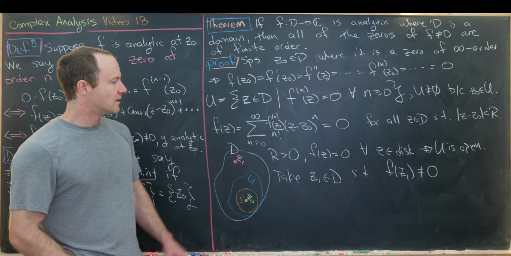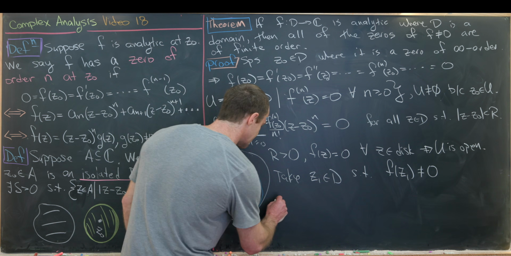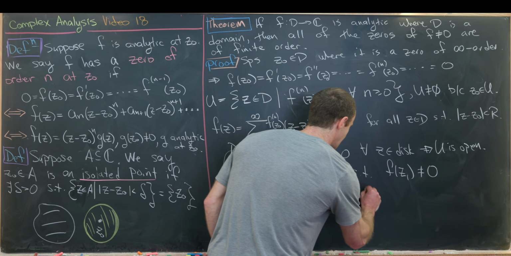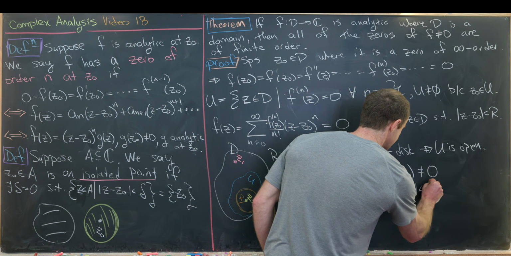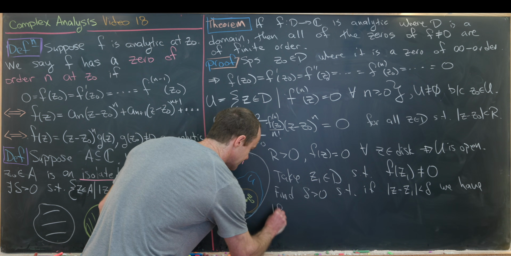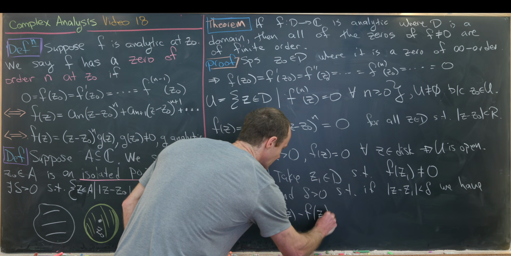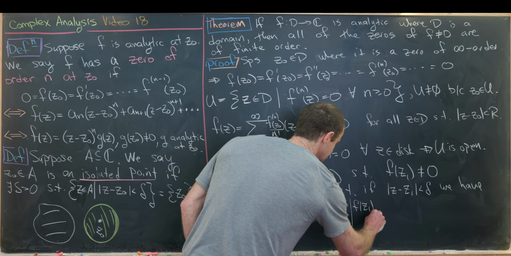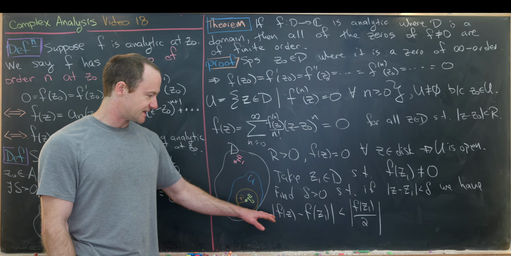Okay, good. But now we know that f is continuous because it's analytic. So let's find some delta bigger than 0 such that if the modulus of z minus z1 is less than delta, we have the modulus of f of z minus f of z1 is less than the modulus of f of z1 over 2. Well, why did I choose that?